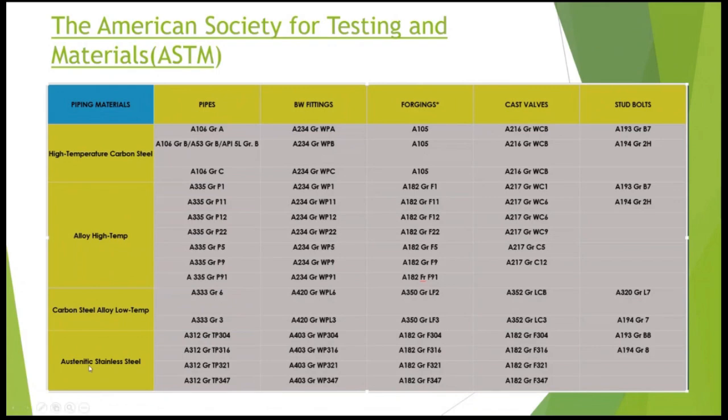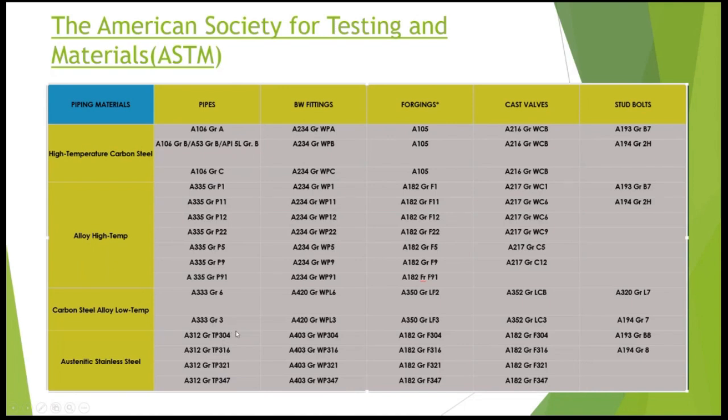If I want to buy a stainless steel pipe, then the main standard is ASTM A312. Within that, we have multiple grades: TP304, TP316, TP321, TP347.